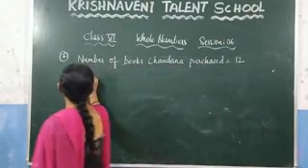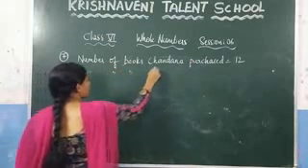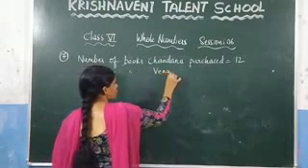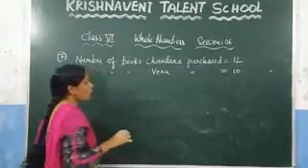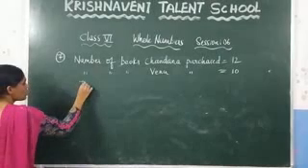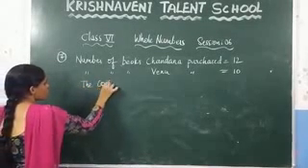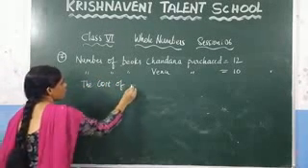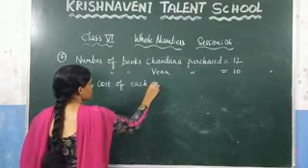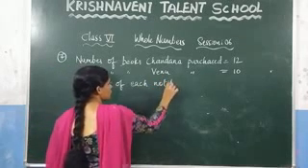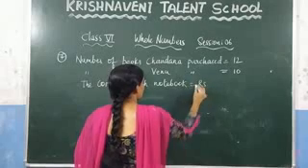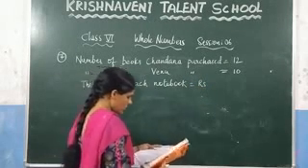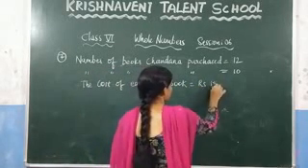And after that, the number of books Venu purchased. How much? 10 books. And write here the cost of each notebook. How much have they given? The cost of each notebook they have given is 15 rupees.